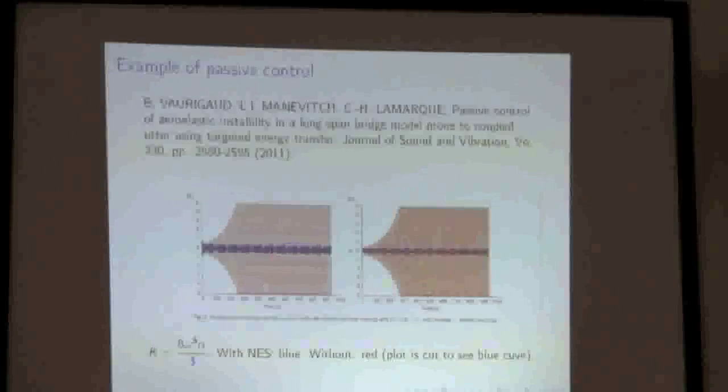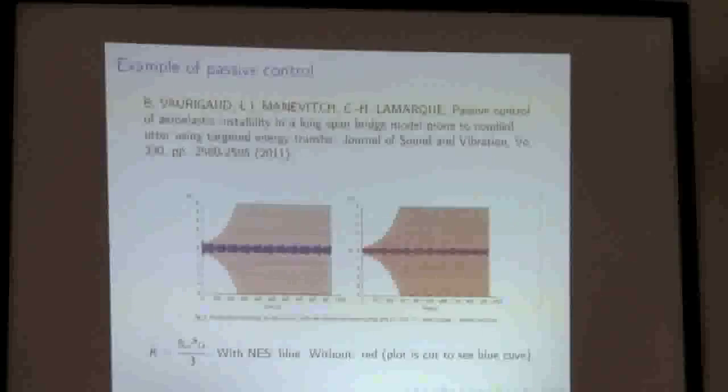In red, it is what happens in the quasi-resonance and unstable case without NES. In blue, you have what happens with the NES. And you see that the amplitudes are very small, because here I plotted the dotted line, but in fact the amplitudes of the bridge without NES are diverging, very high, and we see nothing if I do not cut the curves.